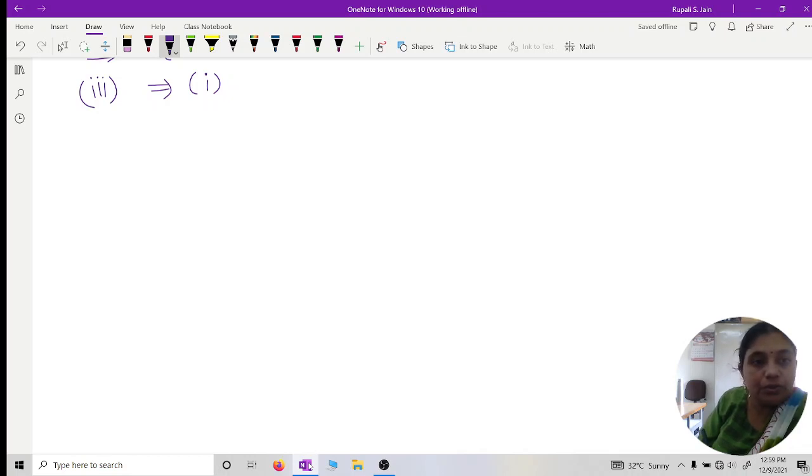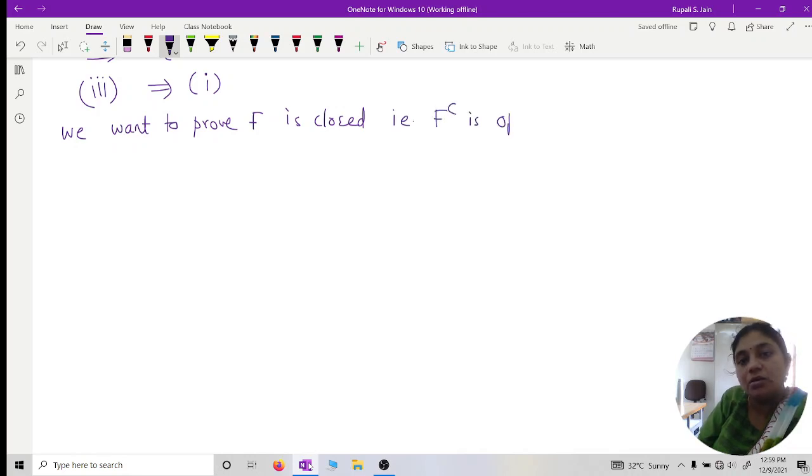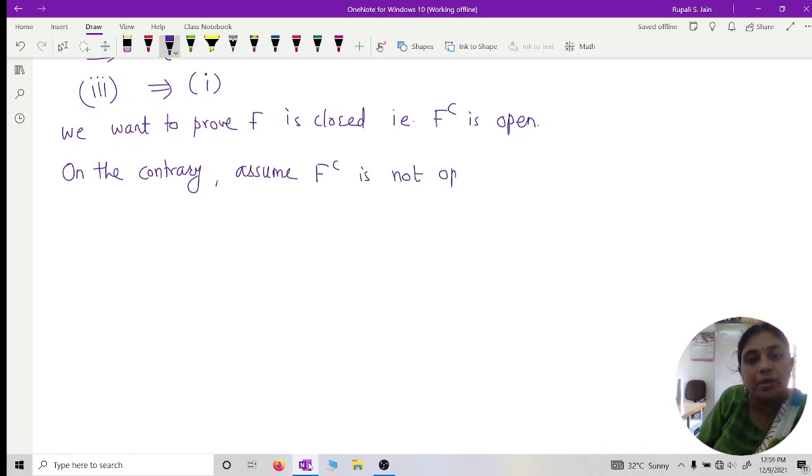In order to prove this, we will prove F complement is open. How will we show it is open? On the contrary, assume F complement is not open.